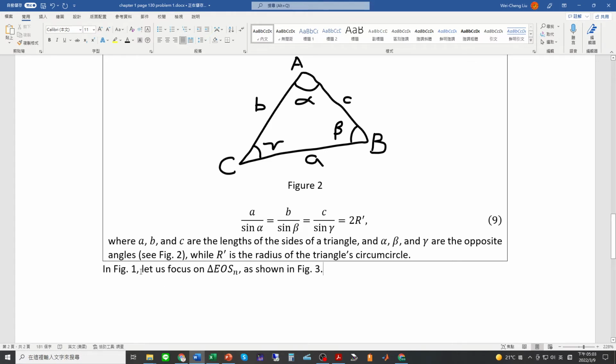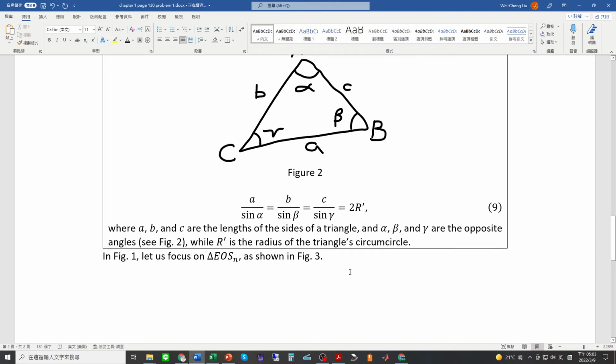In figure 1, let us focus on triangle EOSN as shown in figure 3.